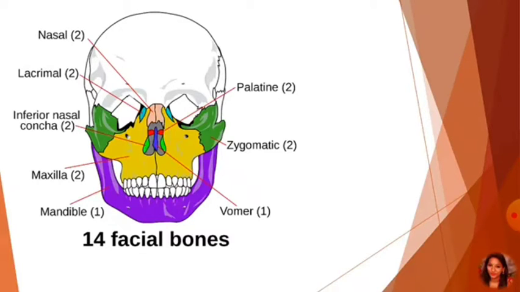The lower single mandible jaw is there, and 1 central vomer bone is there. The zygomatic bone is also there at both sides, so they are 2 in number. And palatine, that is inside the mouth, the upper palate area, they are also 2 in number. So likewise, a total of 14 facial bones are located on the face area.